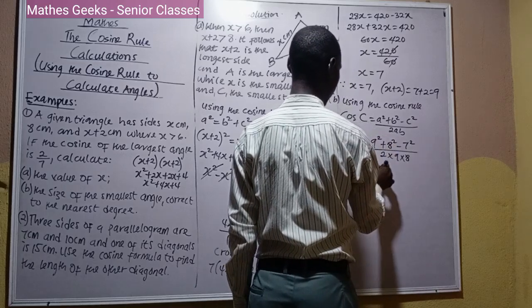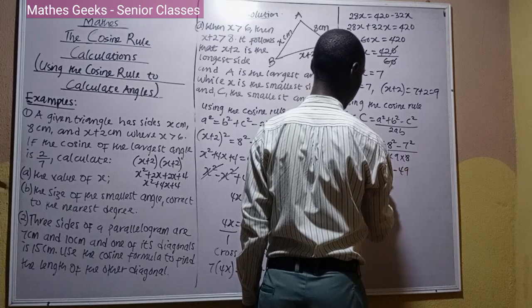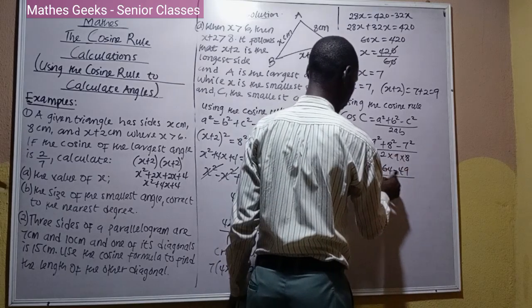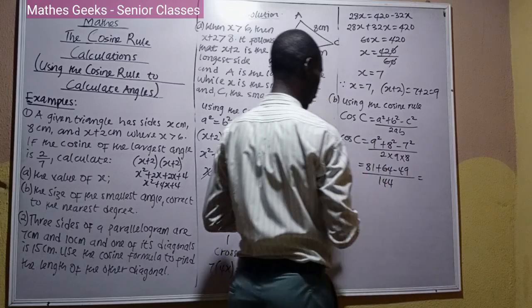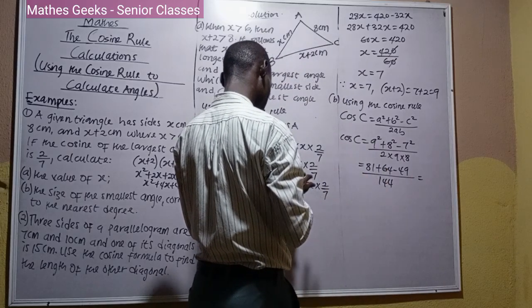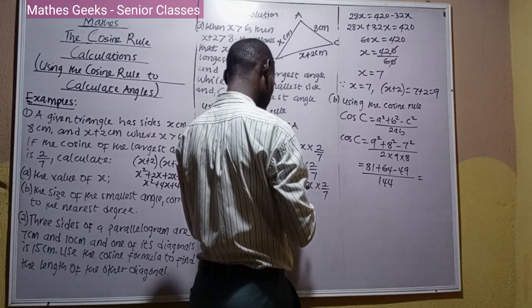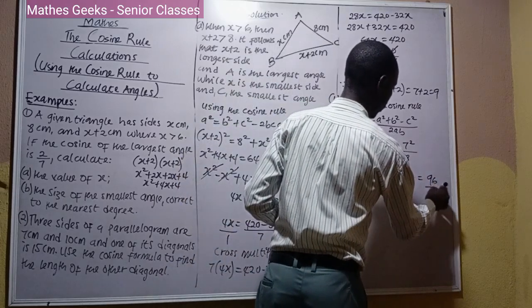This gives us 81 plus 64 minus 49 over 144, which is 96 over 144.